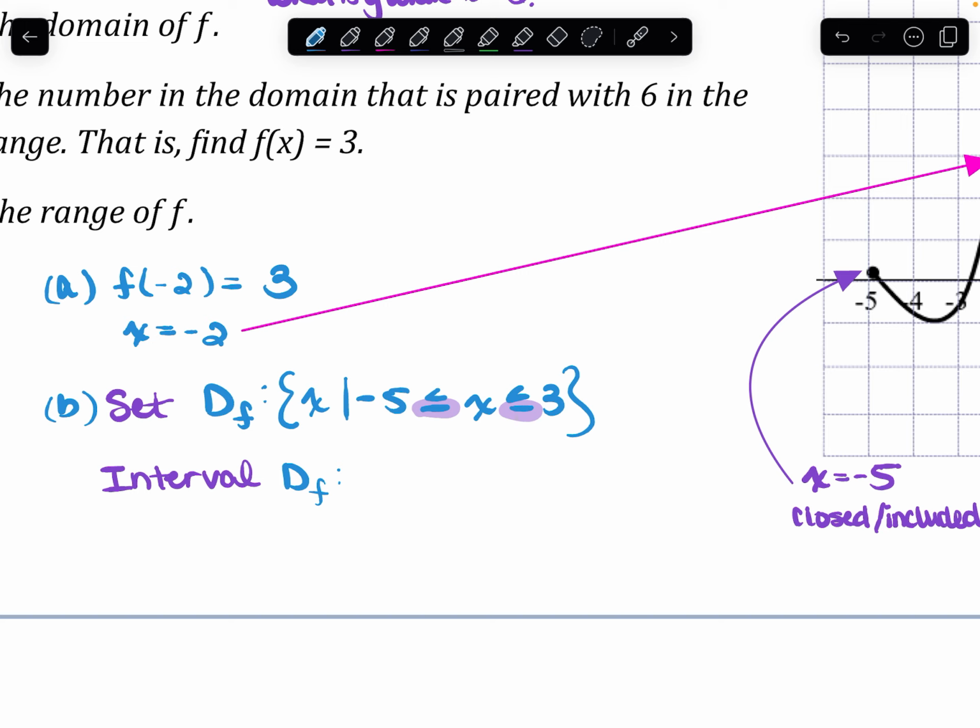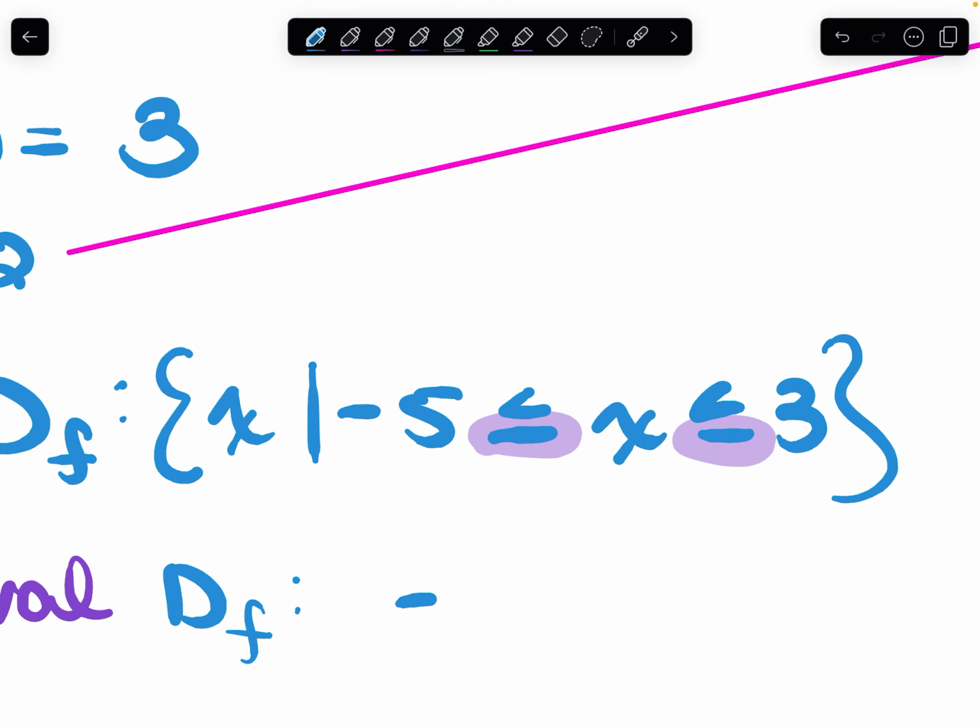Interval notation is smaller number, comma, larger number. I know that the -5 is my smaller number and the 3 is my larger number, and then you're going on the outside and placing either parentheses or brackets. Because the inequality symbol associated with the -5 has the bar on it, that translates to an inclusion. Therefore, we are going to put a bracket outside.